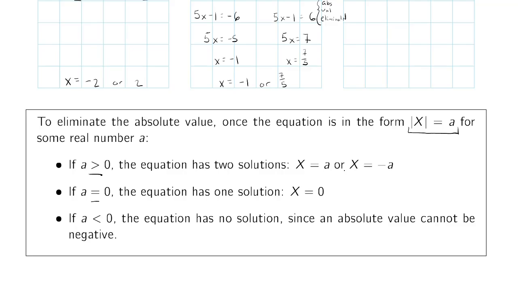If it's just 0, so if our equation is absolute value of something is 0, then the equation has one solution, namely 0. If it's negative, the equation has no solution since the absolute value can't be negative. And that means that we can stop solving at the point where we have absolute value equals a negative number. We don't need to eliminate the absolute value and do more steps in that case.